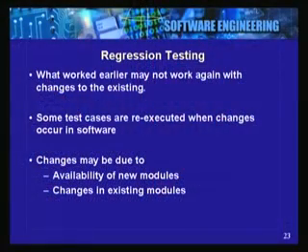It depends on the severity of changes and the variables that you change; the effects might be different. The effects or the dependencies get propagated to the modules which are dependent on the module that undergoes changes. So some test cases are re-executed when changes occur in the software. Changes may be due to availability of new modules or changes in existing modules.